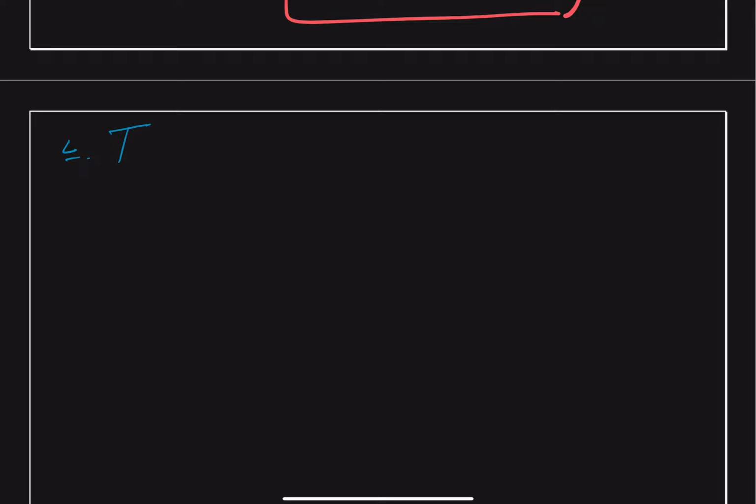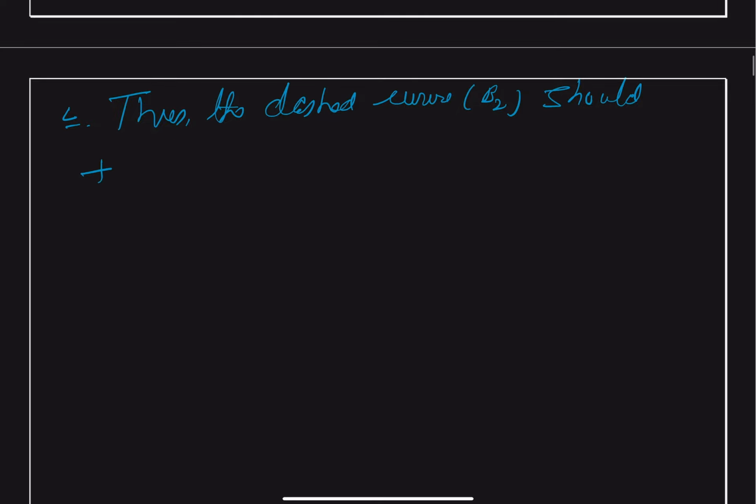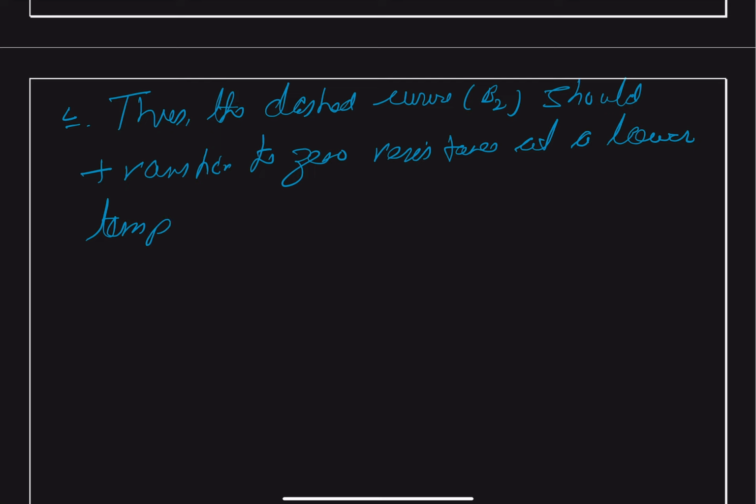So we can say thus the dashed curve, which is for B2, should transition to 0 resistance at a lower temperature than the solid curve.